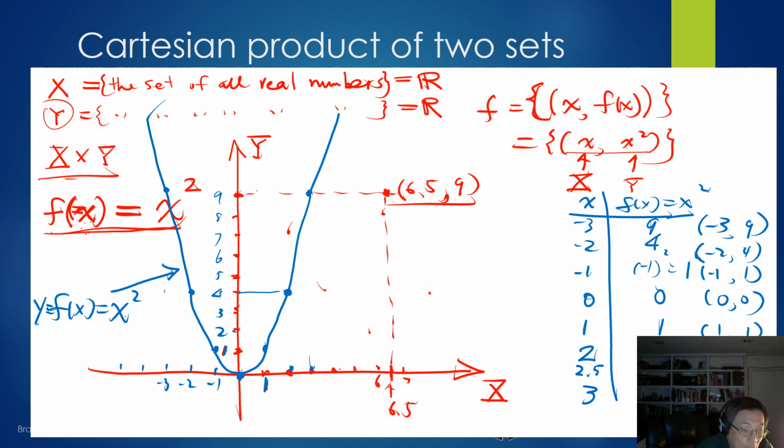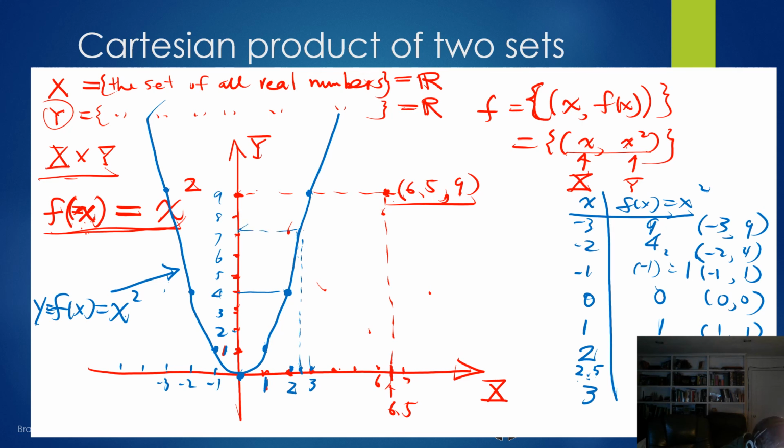Now let's see, what is the corresponding value in y for 2.5? We don't know that yet. We can use a calculator, but I can also estimate the value because here's 1, 2, 3. Now it's 2.5, so we can estimate the value here.